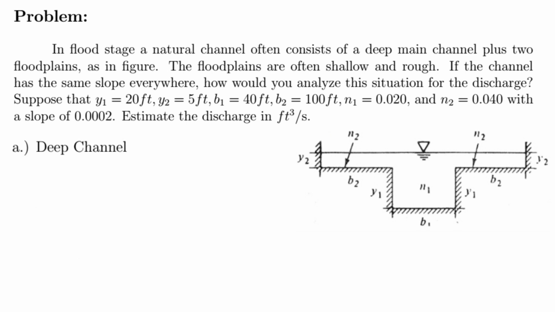For a rectangular section, the cross-sectional area is given by A equals B multiplied by Y, where B is the width of the channel and Y is the depth of the flow.